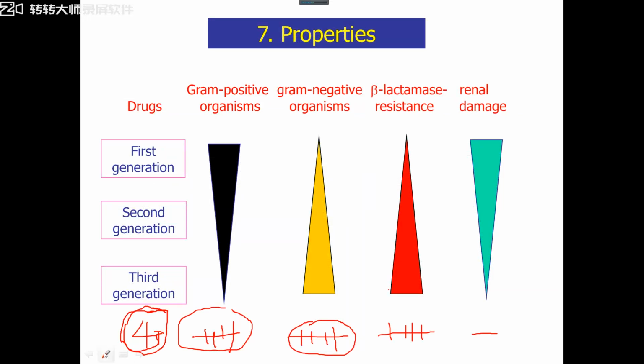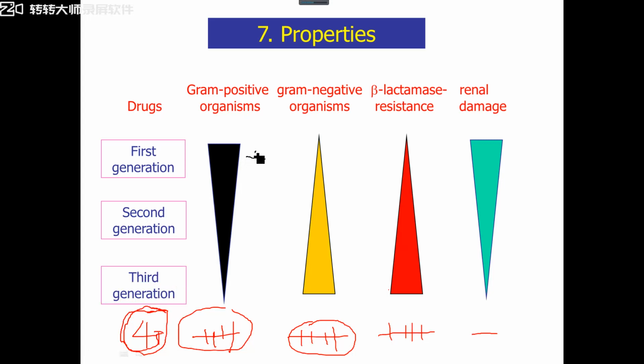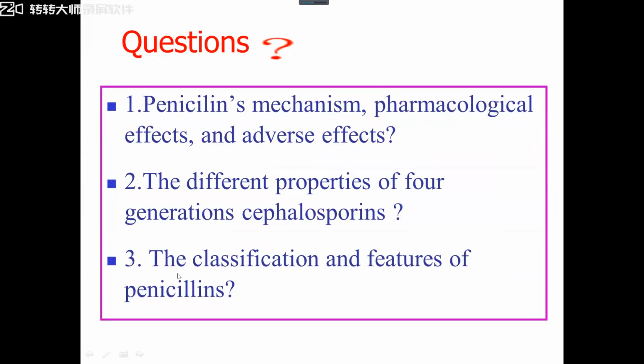The first-generation cephalosporins can be used for gram positive, the third generation for gram negative, the second generation for positive and negative. So the features, clinical use is very easy. The last question is the classification and the features of semi-synthetic penicillins. This class we studied cephalosporins and semi-synthetic penicillins.